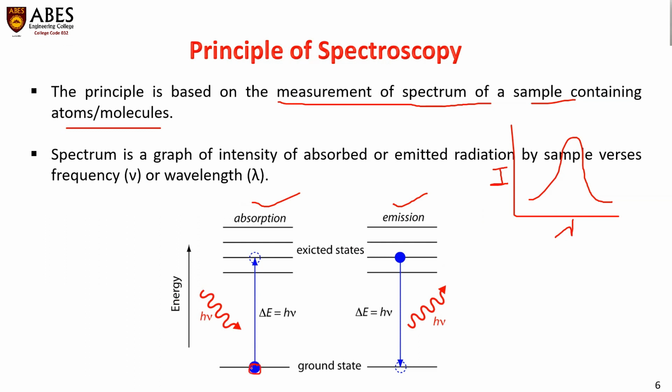When molecules exist in their ground state, after the absorption of radiation, they get excited into the excited state. This type of spectrum is known as an absorption spectrum. When molecules already exist in the excited state and, after the loss of radiation, come back to the ground state, this type of spectrum is known as an emission spectrum.